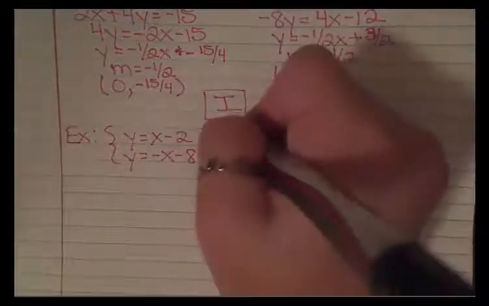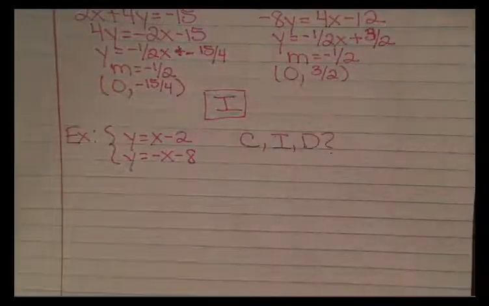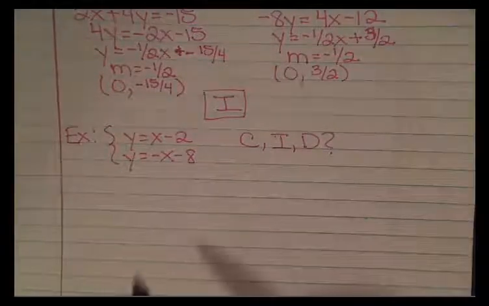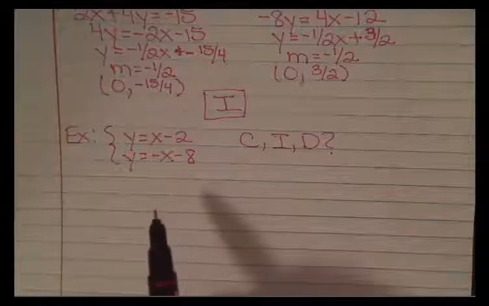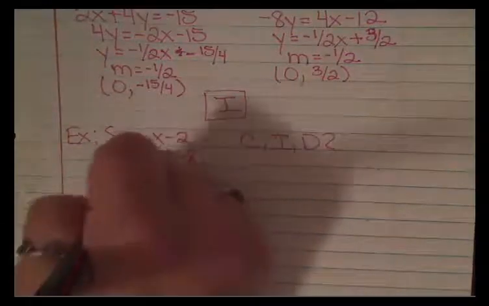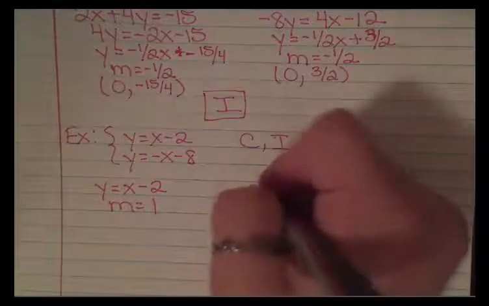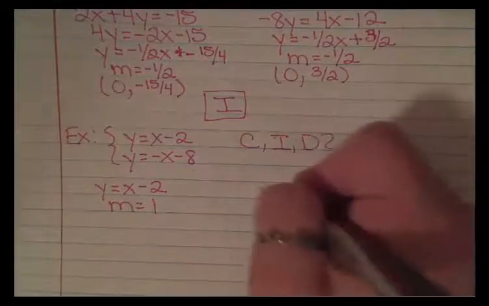It's already written in the y equals mx plus b, so we just need to know what our slopes are. For the y equals x minus 2, our slope in this case is 1. And for the y equals negative x minus 8, our slope is a negative 1.